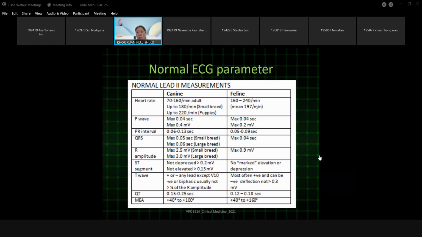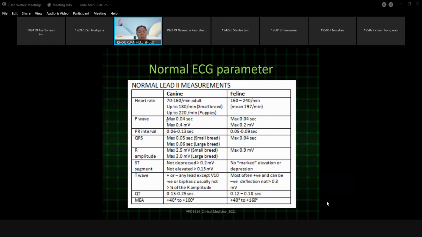Normally their heart rate tends to be higher, much faster. So anything 180, 190 for me is sometimes fine. But if you've got somebody with 240, 250, 220, for me it's still not okay. That will warrant further investigation, although the reference here says 240 is fine.